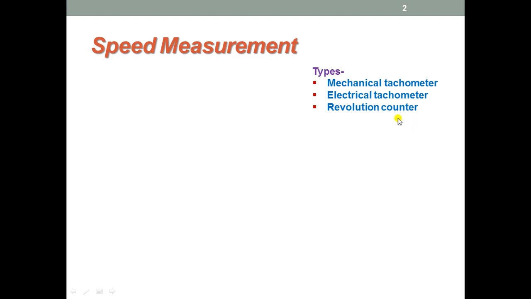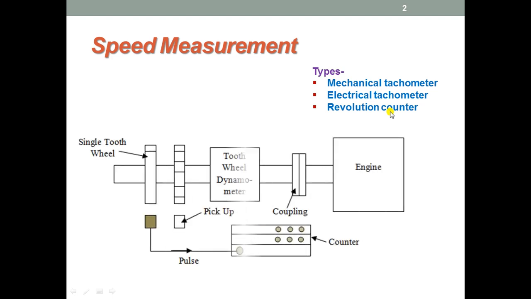This gives an accurate measurement. Due to this reason, a revolution counter is the best measuring device available for accurate measurement of speed.